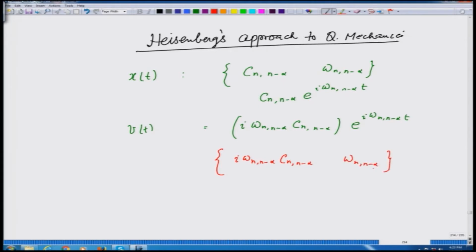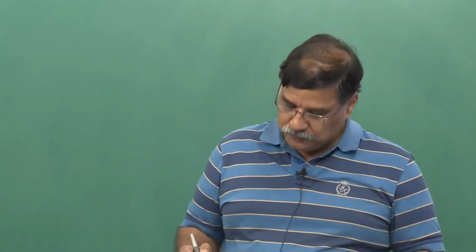Omega of course had to be the same as the system transition frequencies. Using these, Born wrote the quantum condition in a very neat way, and that is what we are going to do first.